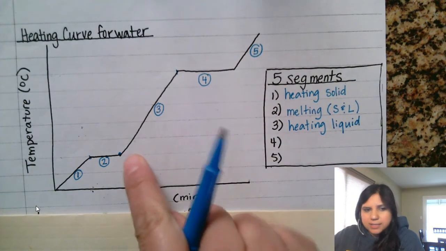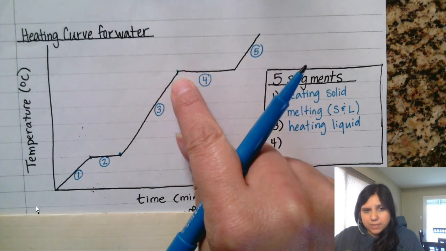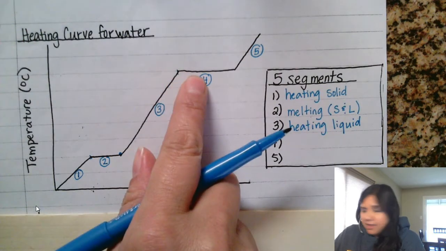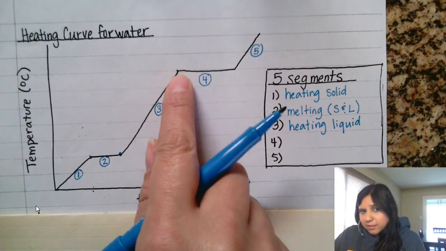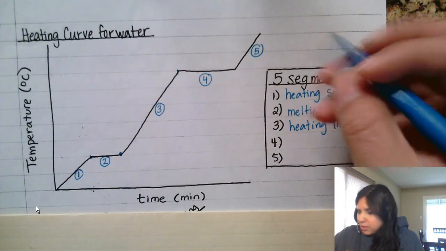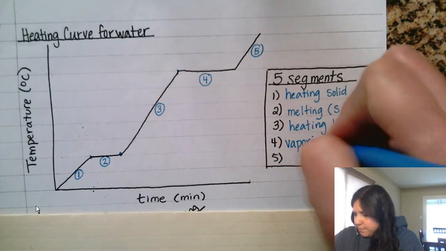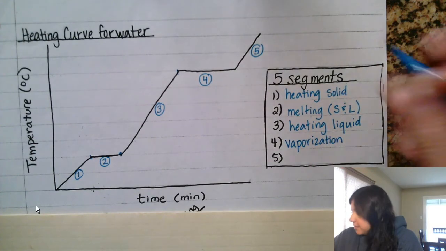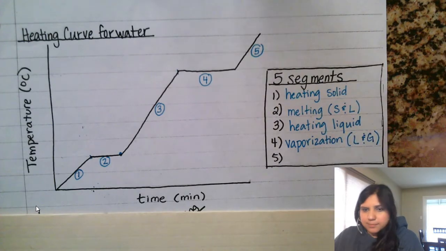All right, and as you notice, as you go up, it increases in temperature over time. Great. Then what happens? It flattens out again. That is because there's another phase change that can happen. The liquid can turn into a gas. We call that vaporization. And in vaporization, you have liquid and you have gas.